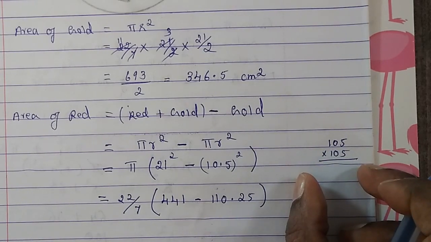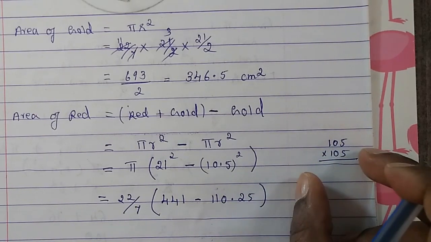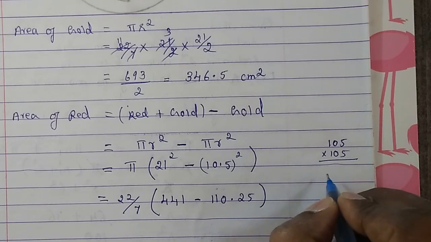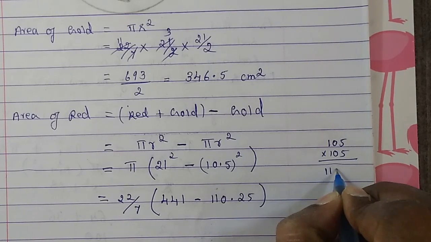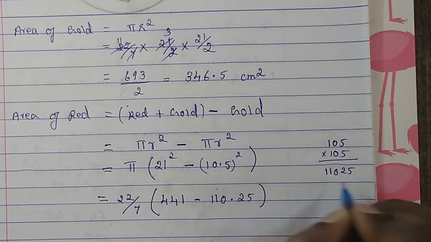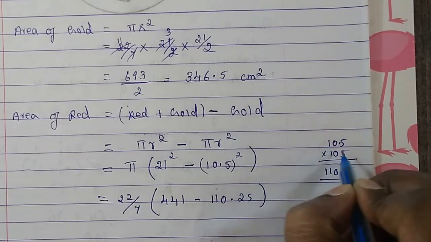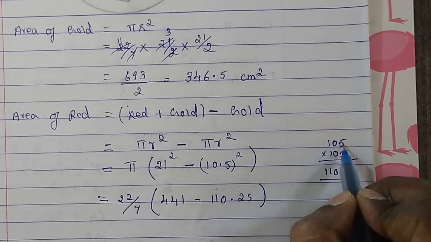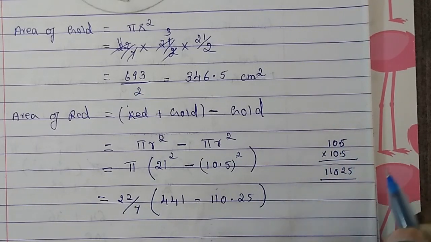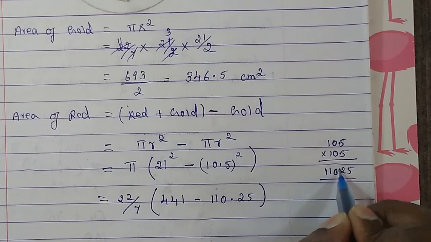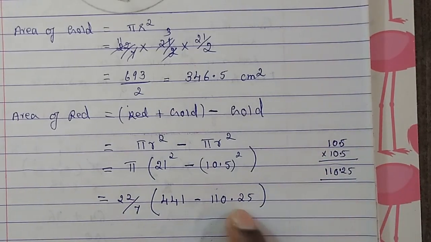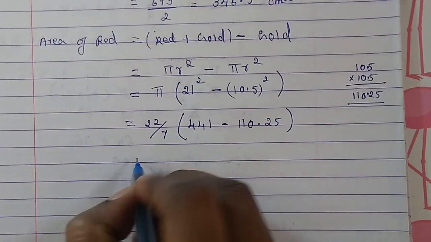When you multiply, your answer will come 11025. Then afterwards you put the decimal. After the decimal, there is 1 digit here and 1 digit here, so total 2 digits. So put the point after 2 digits. Like that you will get the answer.